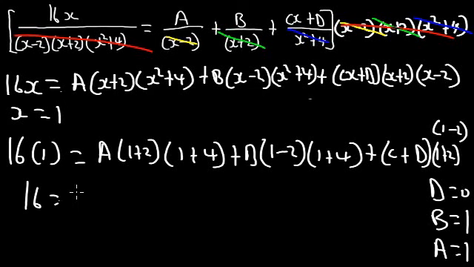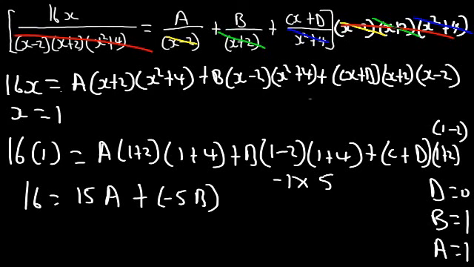16 times 1 is 16 equals, 1 plus 2 is 3. 1 plus 4 is 5. 5 times 3, that's 15. 15a plus, 1 minus 2 is minus 1. 1 plus 4 is 5. Multiplying them is minus 5b.